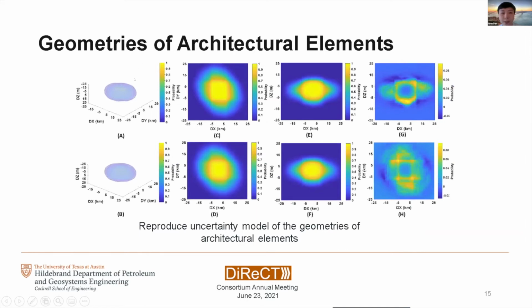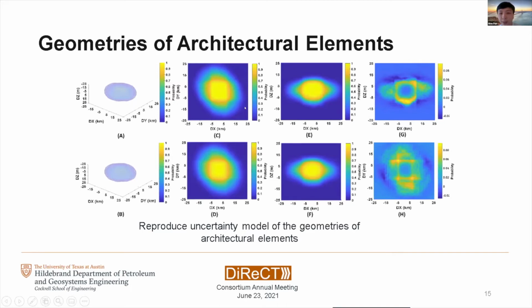And these are some statistical analyses of how well our machine learning-based approach reproduces the statistics of our training models, which are calculated with the rule-based approach. So this is the spatial probability distribution of our lobe units.